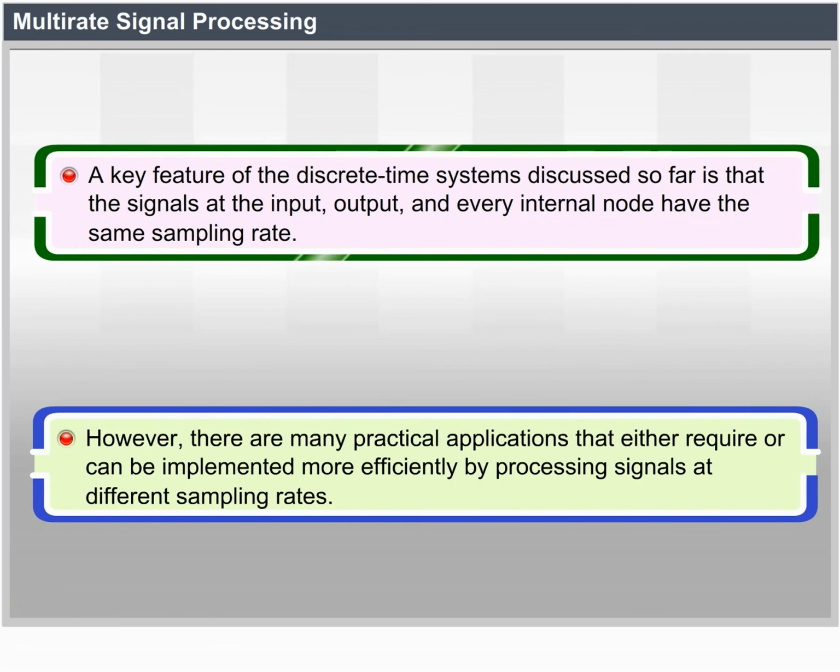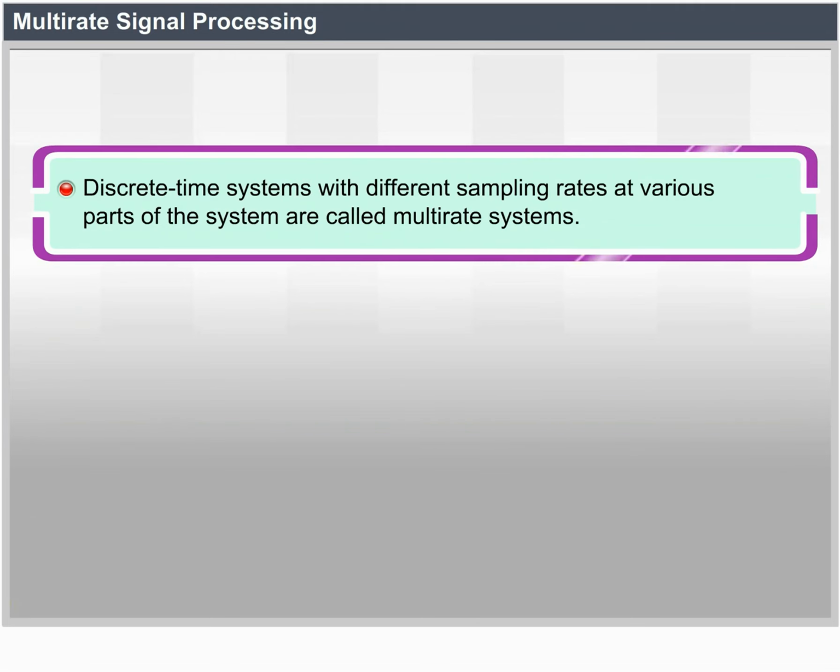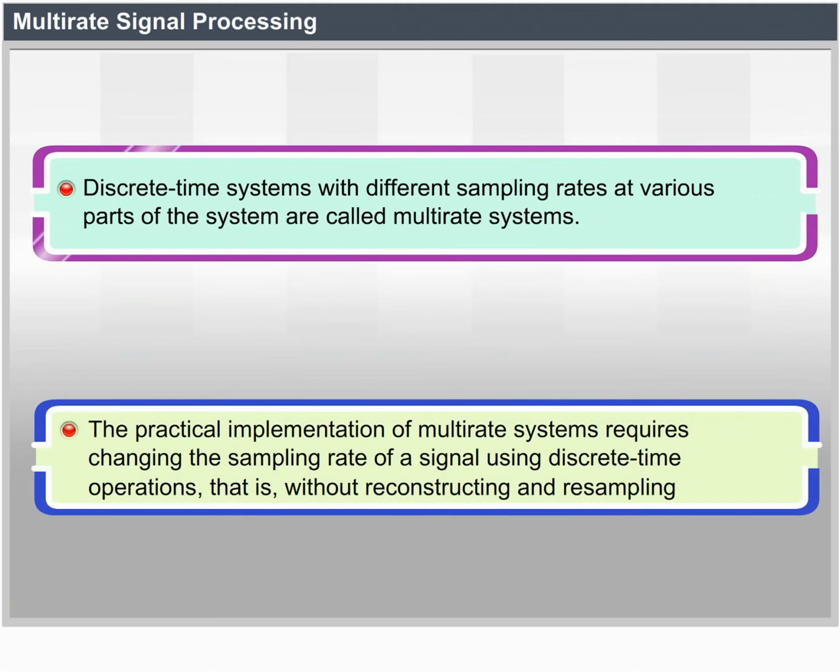Discrete time systems with different sampling rates at various parts of the systems are called multi-rate systems. The practical implementation of multi-rate systems requires changing the sampling rate of a signal using discrete time operations, that is, without reconstructing and resampling a continuous time signal.